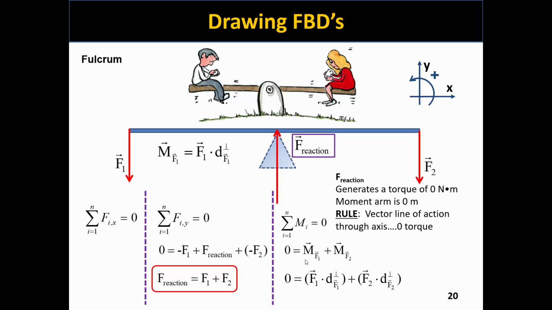So I'm not going to put in at this point the negative or positive values, but I'm just going to substitute the right hand side for the moment equations. So the moment due to F1 is the magnitude of F1 times its moment arm, and we're going to add that to the product of F2 times its moment arm.